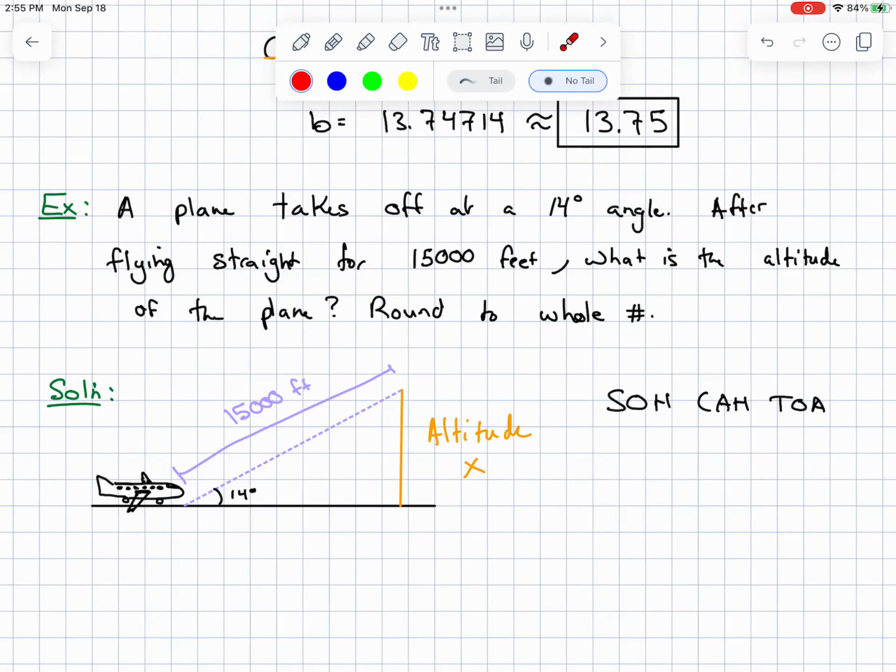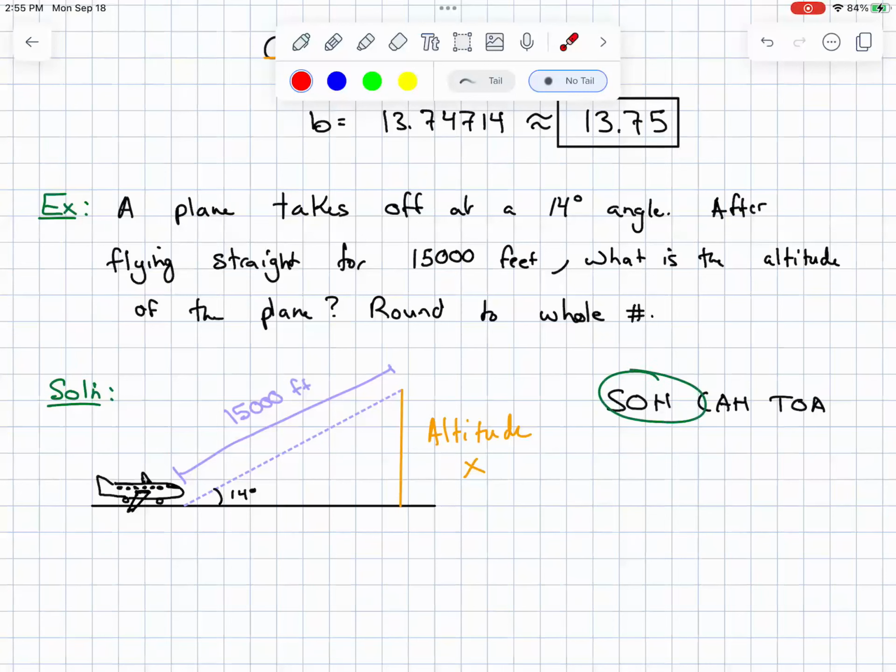So you could use cosine, and that would get you this measurement. Then you have the hypotenuse, you can solve for the missing leg by using the Pythagorean theorem. So there's many different ways you can go about solving them, but the fastest way would be using sine.